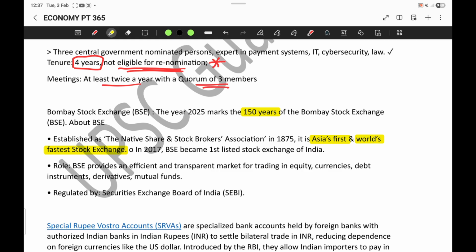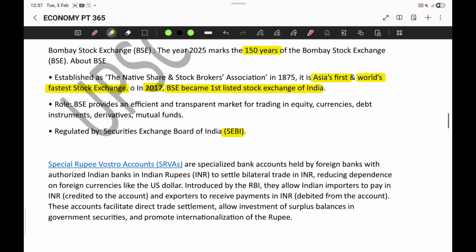In 2017, BSE became the first listed stock exchange of India. It provides efficient transfer, marketing, and trading in equity and currencies. Just note these. Who regulates the BSE? Of course, the Securities and Exchange Board of India, that is SEBI.